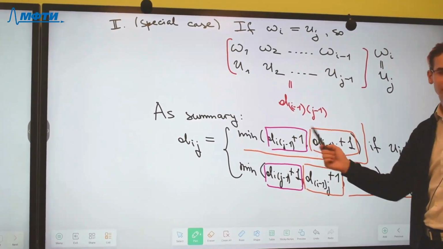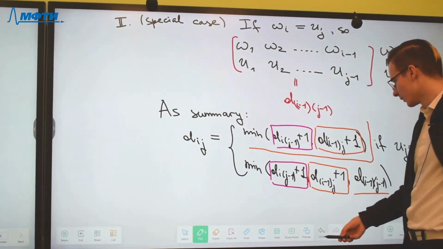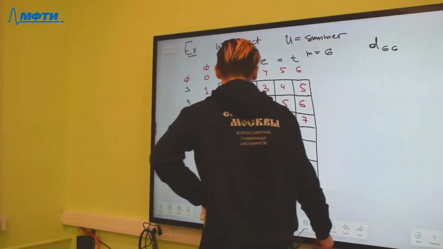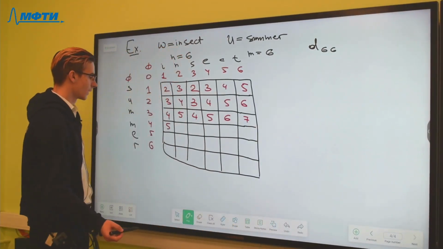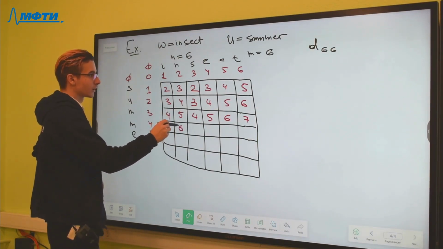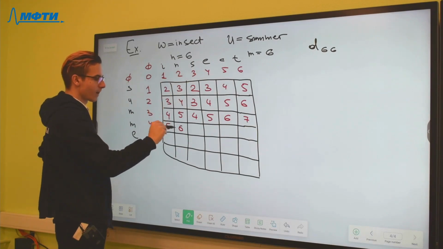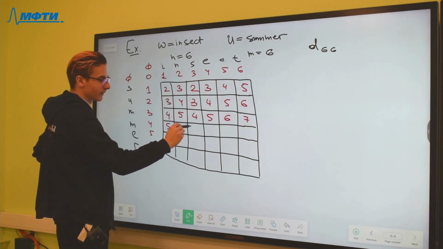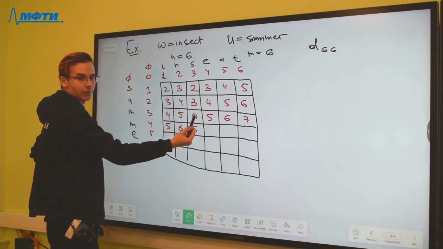Or we can add 1 to it and then compare them. So then we compare and add 1 because they're different for all these characters. 5. I think the minimum of these two numbers is 4 plus 1, 5.